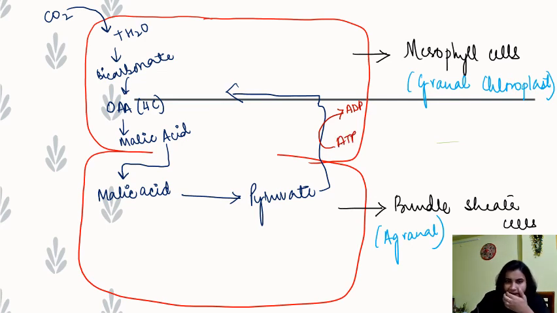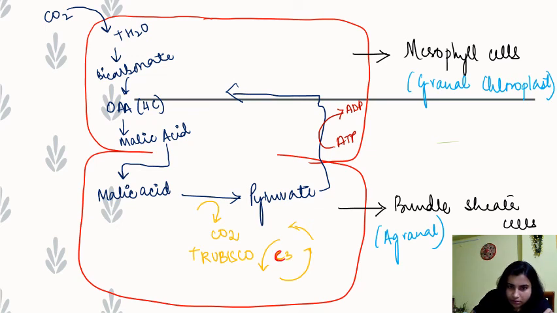During this, the malic acid liberates carbon dioxide, and this carbon dioxide will react with Rubisco, and the entire C3 cycle will continue.